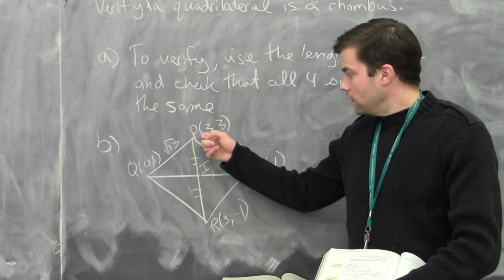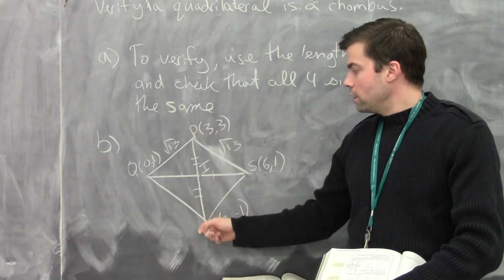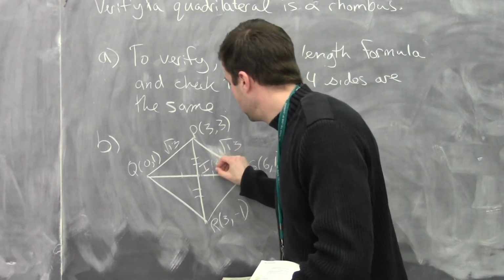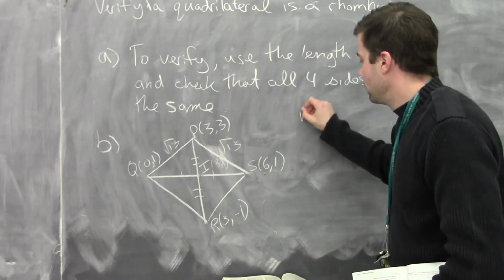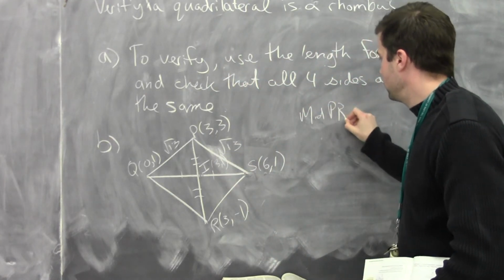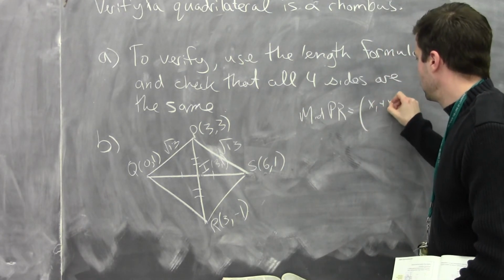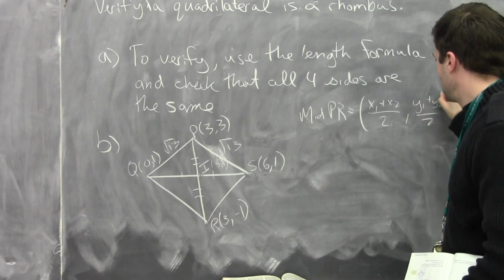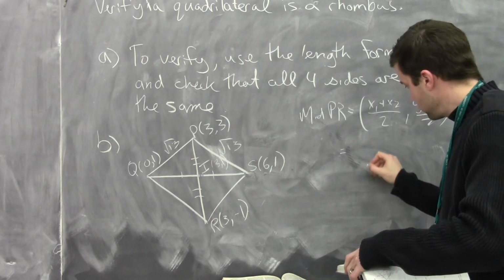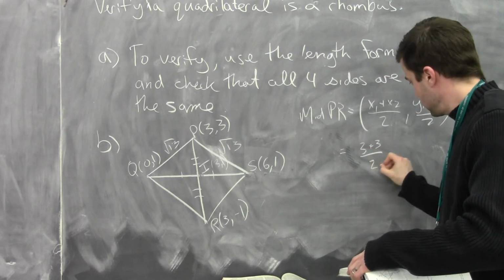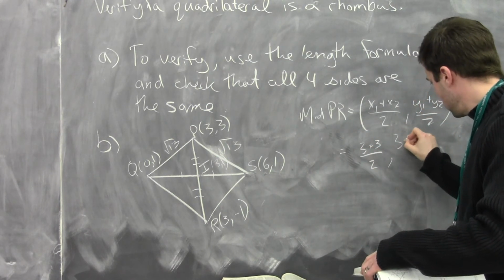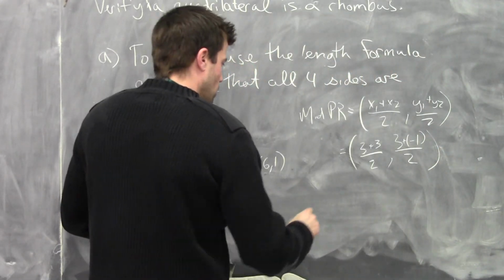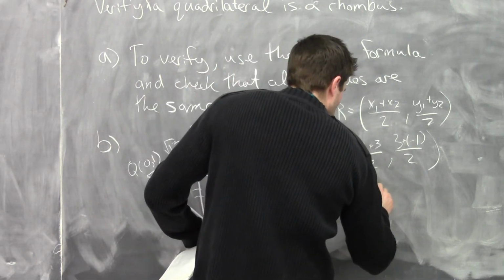Okay, so what they did then is check the midpoint, use the midpoint formula for this line, and found out the coordinate of I, which was 3, 1. Okay, and we can do that midpoint of PR. We're looking for the midpoint here, and we find out that it is 3, 1.